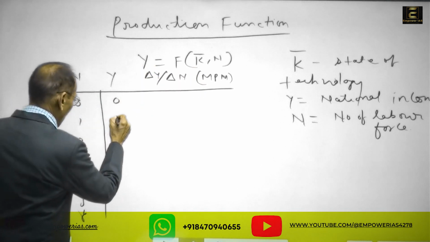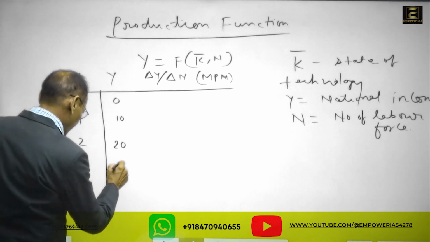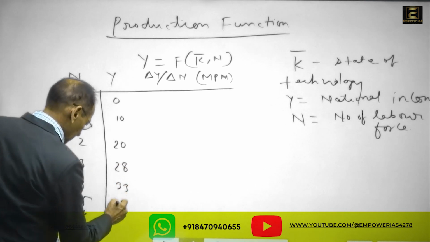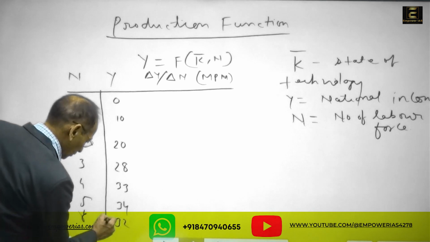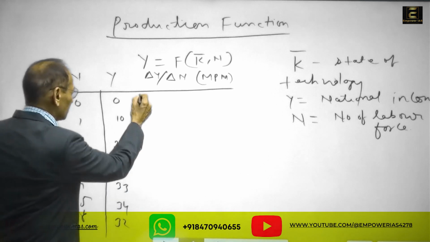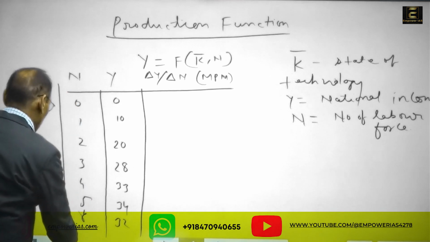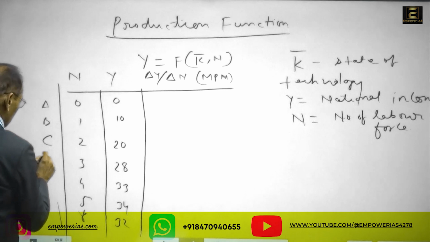And output is 10, 20, 28, 33, 34 and 32. And these we can take as points A, B, C.